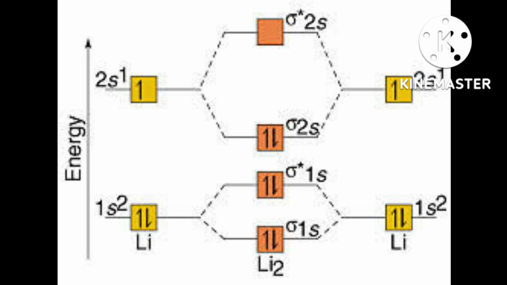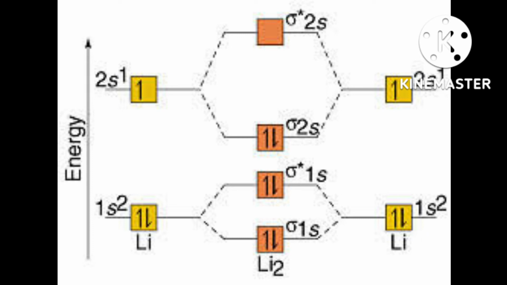Now come to the anti-bonding, meaning star: sigma star 2s, sigma star 2pz. In p, only z is in a symmetrical way, so only 2pz will form sigma; 2px and 2py will not make it.